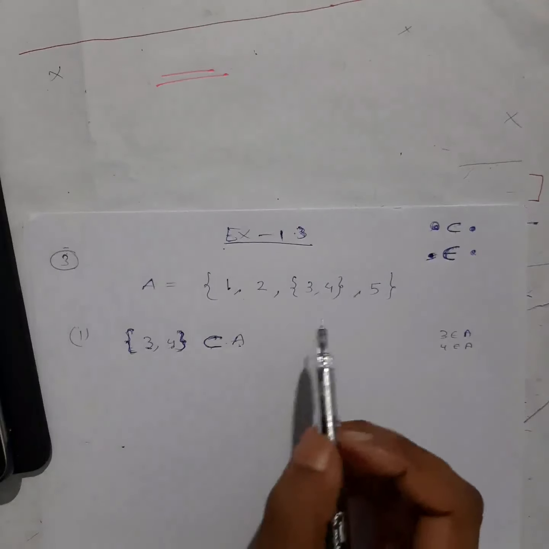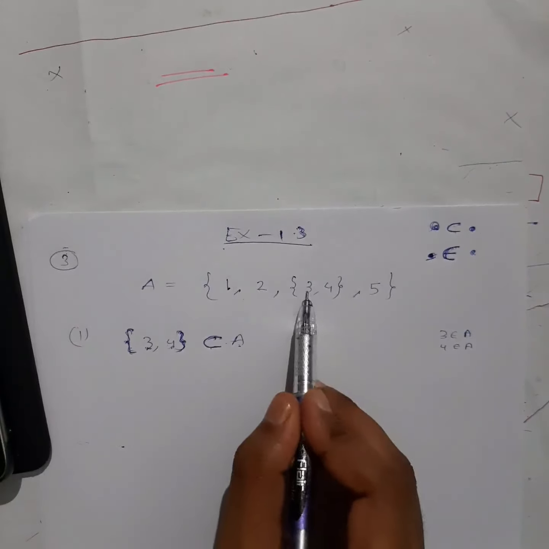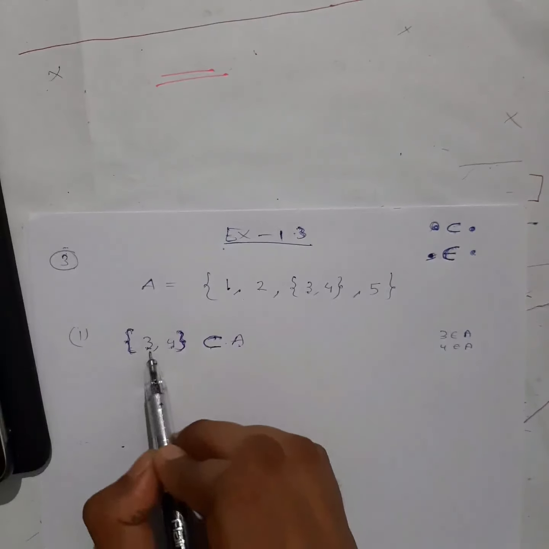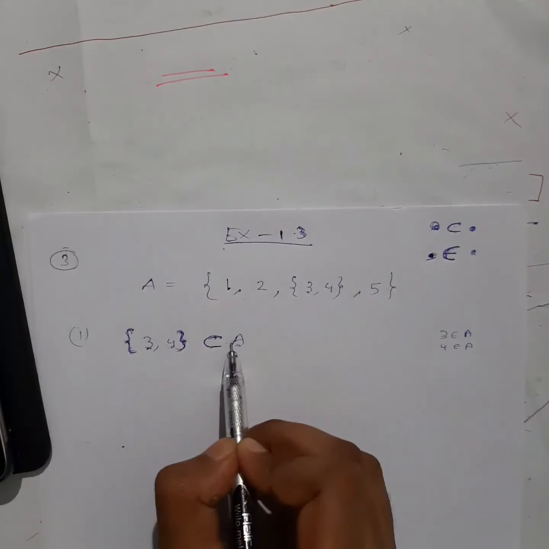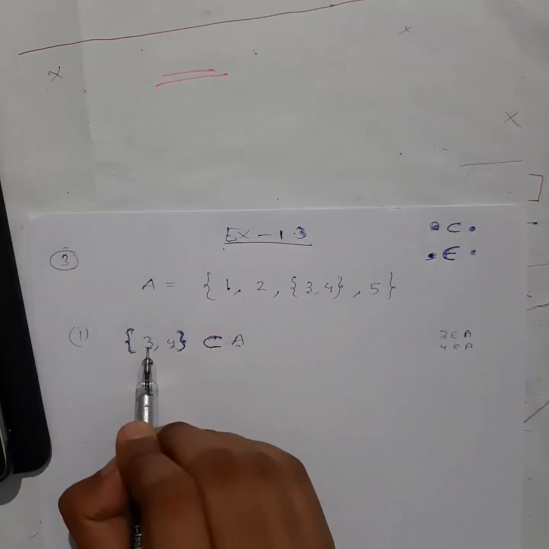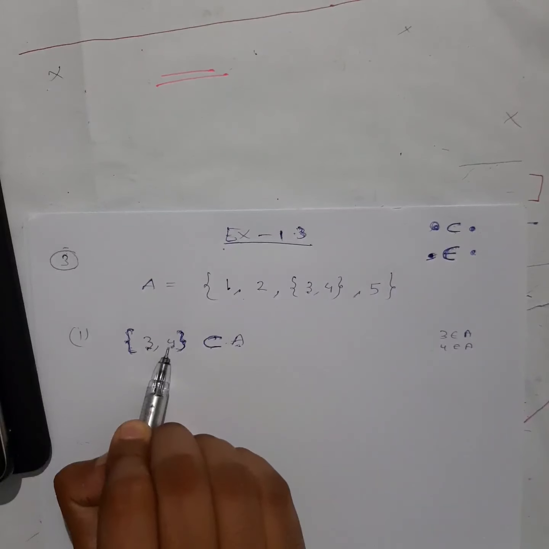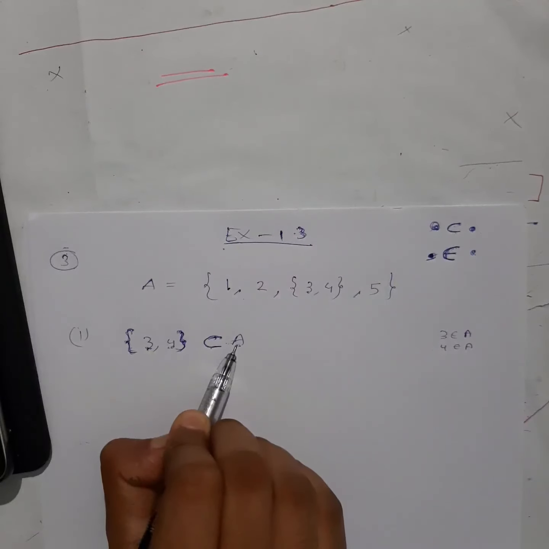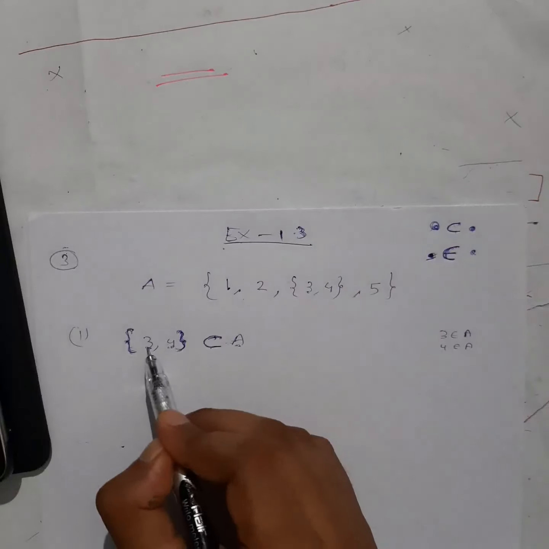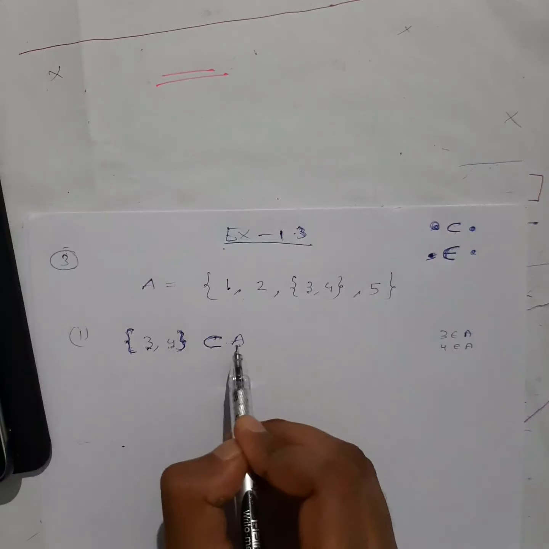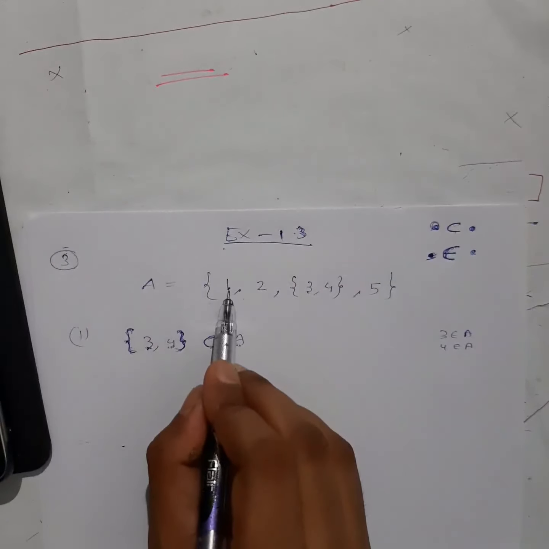Now what confusion you will have is, you might think that 3 and 4 are there in A, right? So this is a subset of this one. Now see carefully what I am saying. These elements must be contained here as elements only. Now 3 is not an element of A. You can see what the elements of A are.